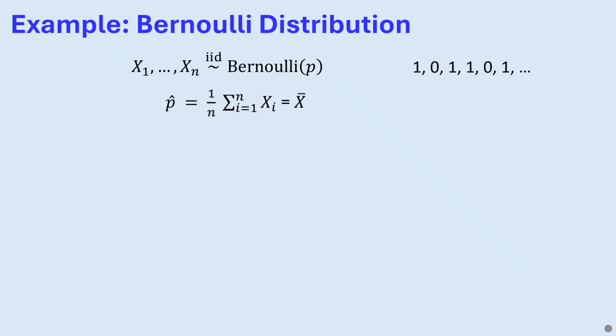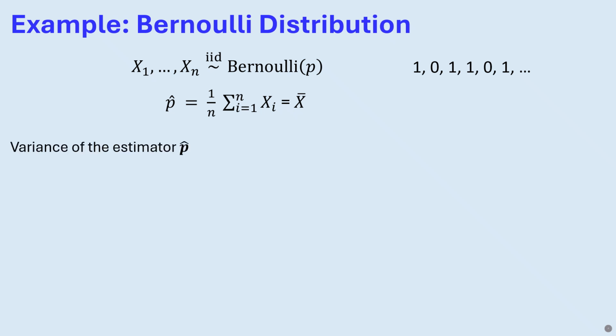Let's illustrate the Wald test using a Bernoulli distribution. Suppose each observation is either a success or a failure. We record a success as 1 and a failure as 0, so a sample might look like 1, 0, 1, 1, 0, 1, and so on. The probability of success is p. The estimator of p is the sample proportion, p hat, which is simply the proportion of successes observed in the sample.